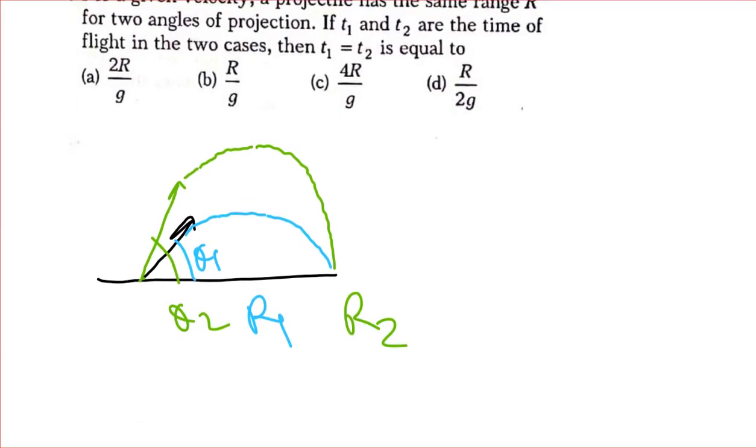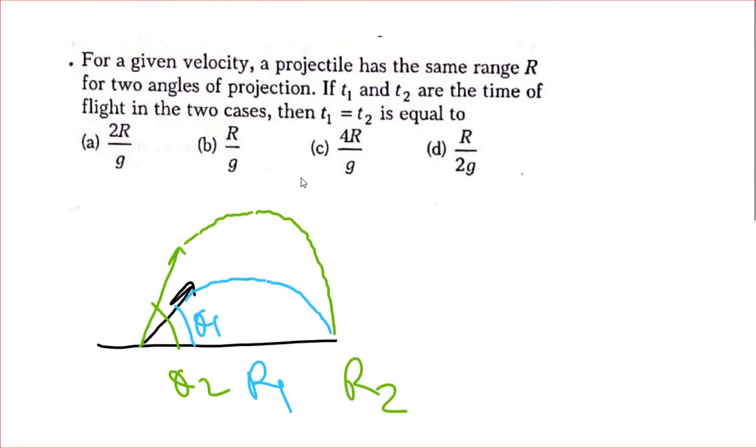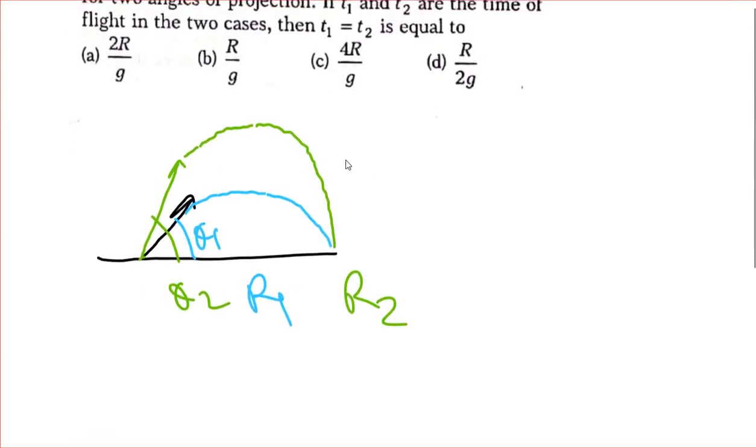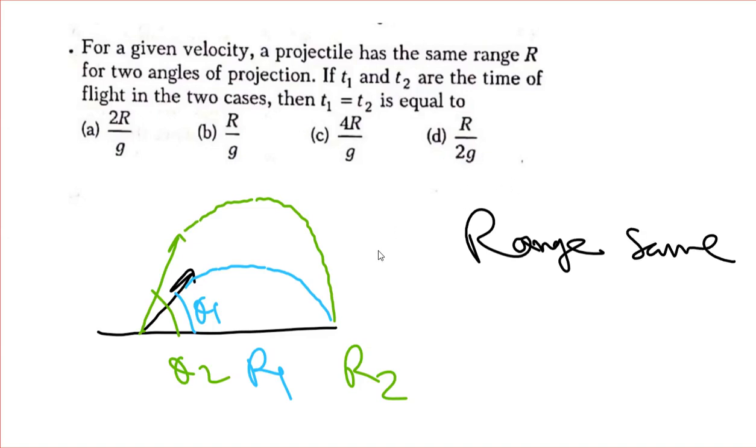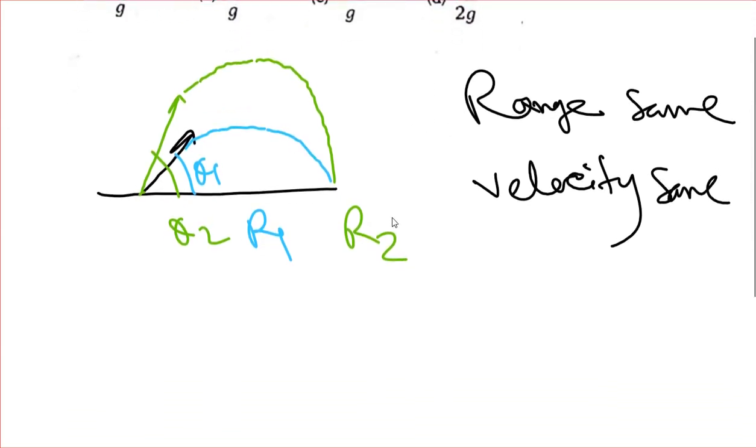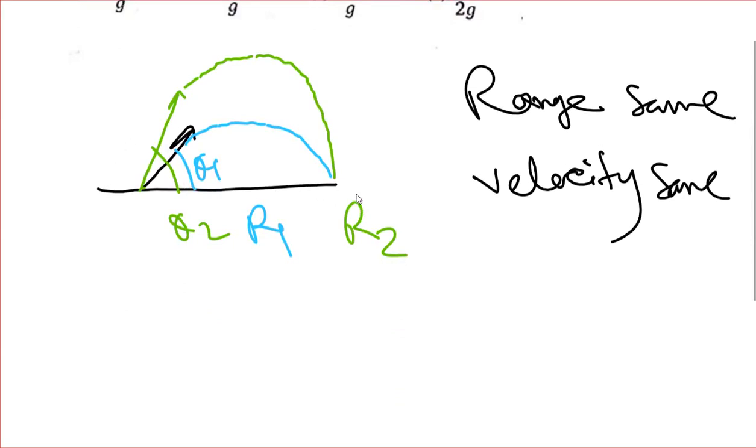So as we know, in those cases जिस केस में range will be the same, range same and the velocity same, but angle of projection is different, that is theta 1 not equal to theta 2.